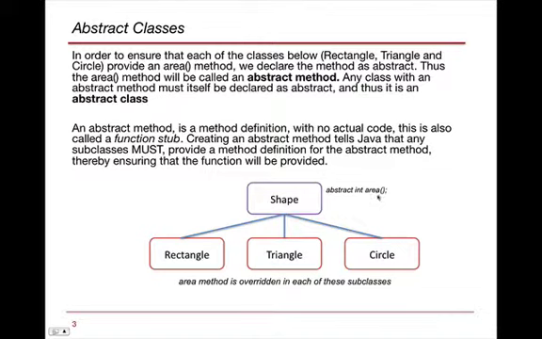So what will happen is it will say that shape has this method called area, which we have not defined what it does. But any of the classes that subclass it, or that inherit from shape, must provide an area method. That provides for uniformity and consistency, because we would like all of our rectangle, triangle, and circle classes to have an area method.